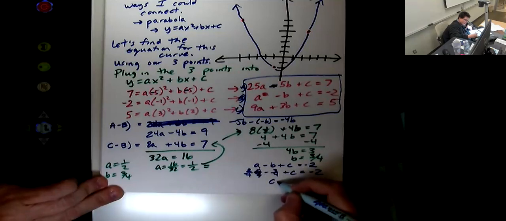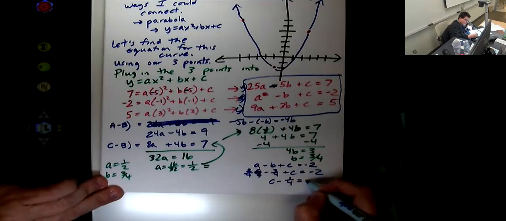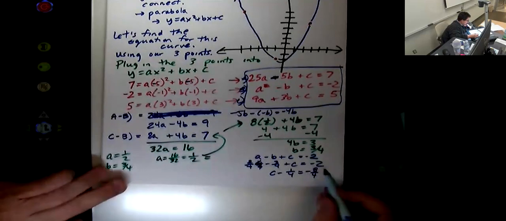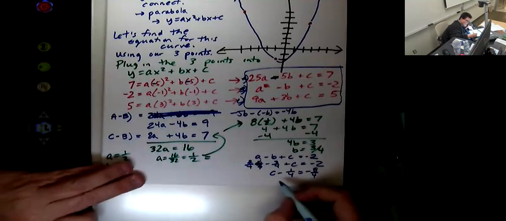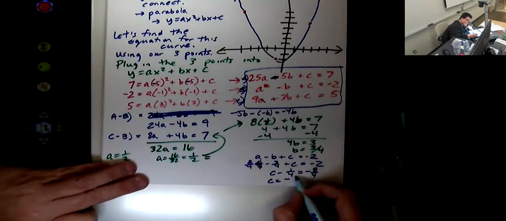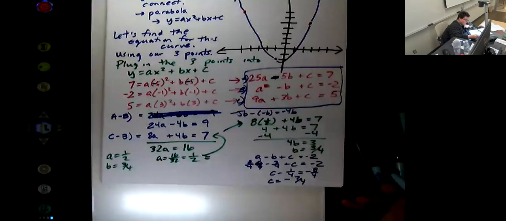I get c minus 1/4 equals -2, which is -8/4. And if I solve for c, c equals -7/4. Not pretty, ugly fractions, but it is what it is.